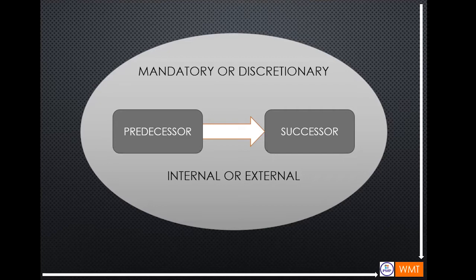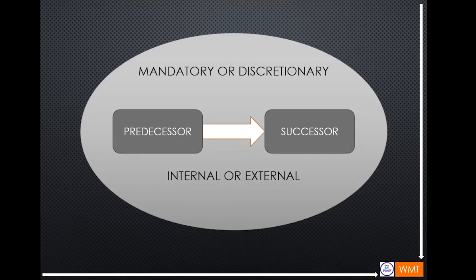Then the predecessor and successor is either mandatory or discretionary, or internal or external. A predecessor activity is an activity that logically comes before a dependent activity in a schedule. Then a successor activity is a dependent activity that logically comes after another activity in a schedule.